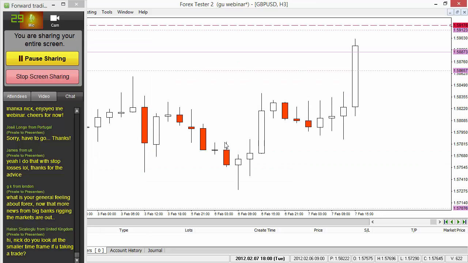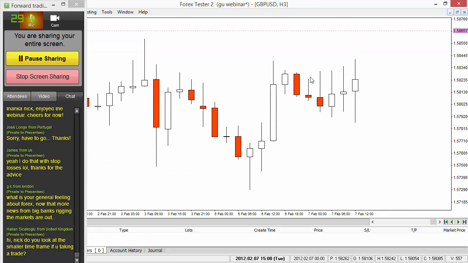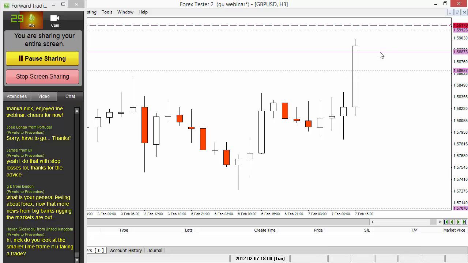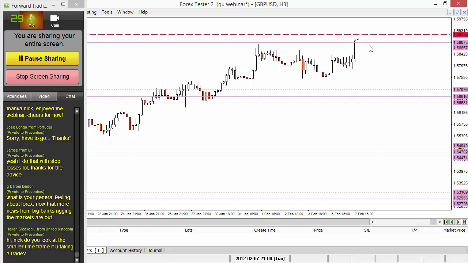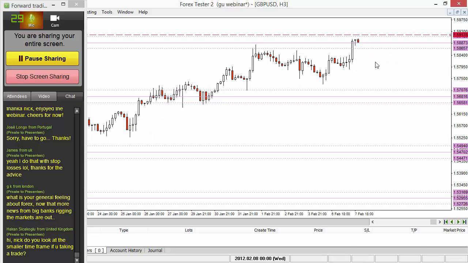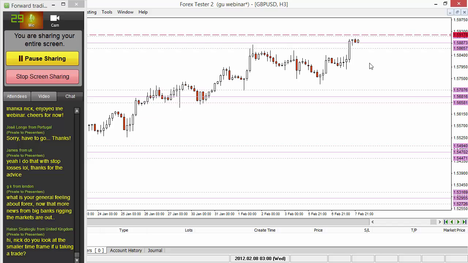Let's say I was looking at the 3 hour and I see price reach here, well, let me zoom out. Yeah, that's better. All right, so we're on the 3 hour, price reached here, and we get that candle that looks kind of like indecision. Then we get that candle, and it looks like price is stalling here, right? And we already know it stalls here, but let's just pretend we didn't.